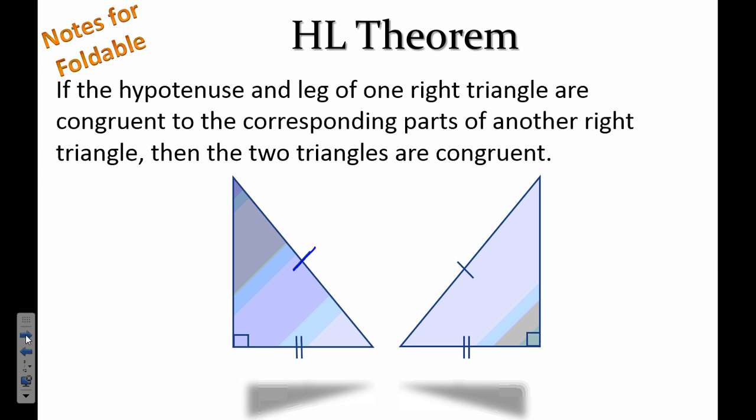The hypotenuse of one is congruent to the hypotenuse of the other. And a leg of one is congruent to a leg of another. Therefore, those two triangles have to be congruent by hypotenuse leg. We good? Okay.